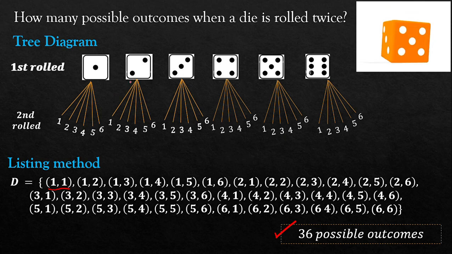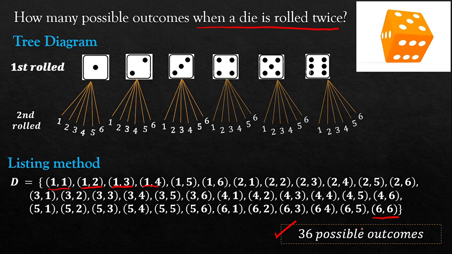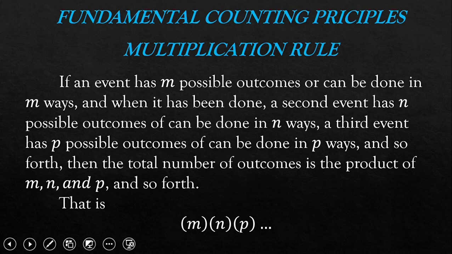Or it can be 1 for the first roll and 2 for the second roll, or 1 and 3, 1 and 4, 1 and 5, and so on up to 6. If you count all the possible outcomes here, you will get 36 possible outcomes when a die is rolled twice.